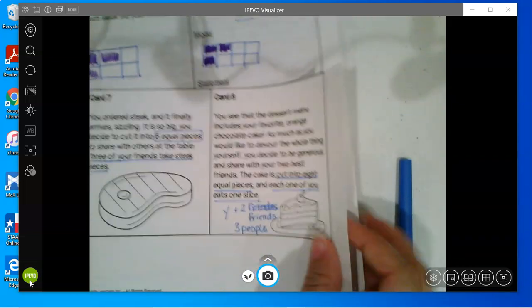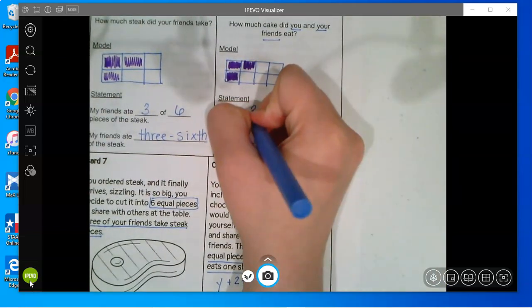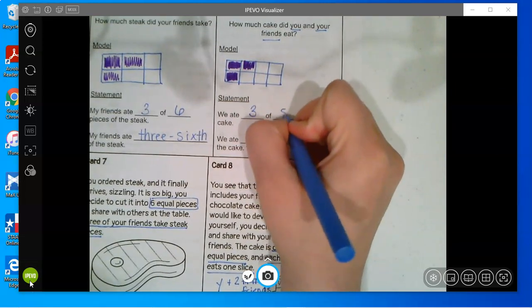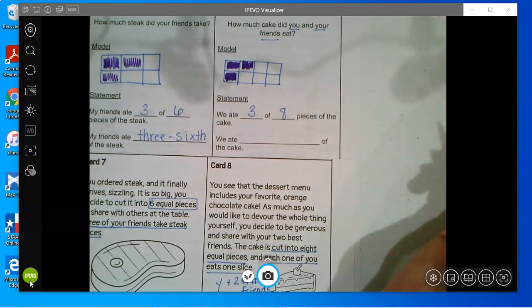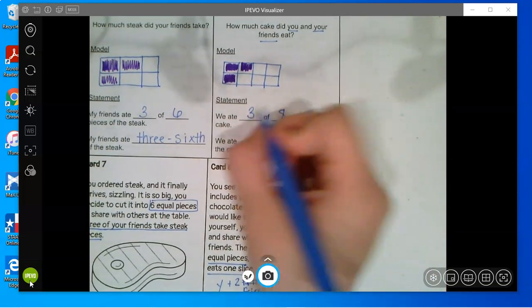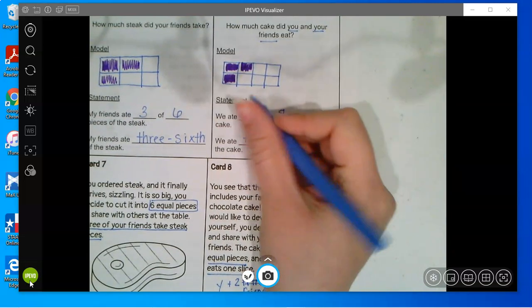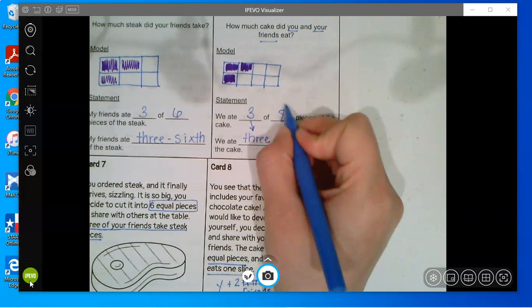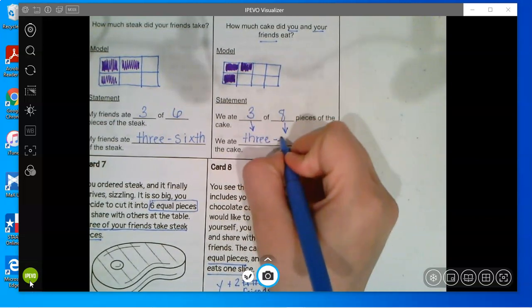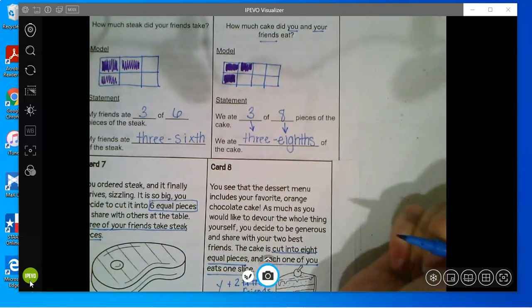So my statement says we ate 3 of 8 pieces of the cake, because we ate 3 of them and there was 8 pieces in all. So this number is matching this number, 3. This number is what I cut into, so that's going to be 8s of the cake.